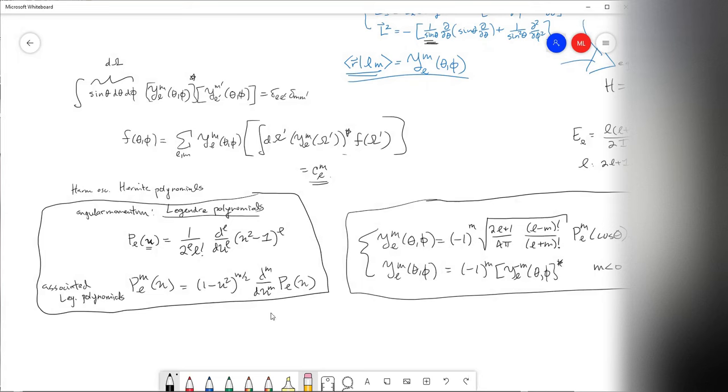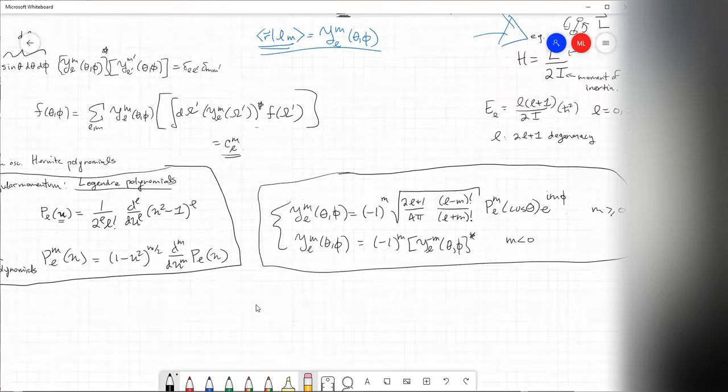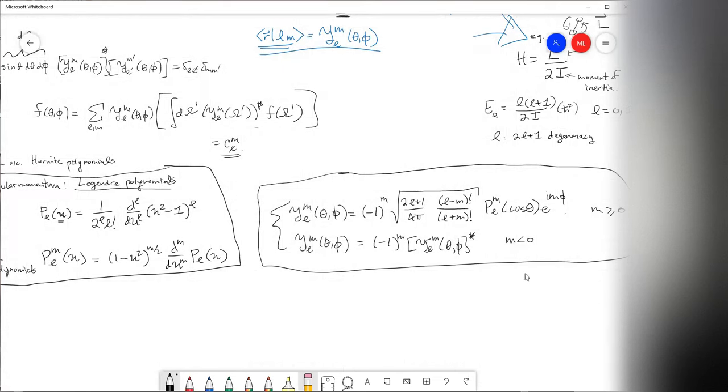That's basically how you get these formulas for the Legendre polynomials. But I don't really want to get into it too much, maybe for recitation. The point is, you can explicitly write down what the spherical harmonics are by doing that kind of thing. Any questions about that?